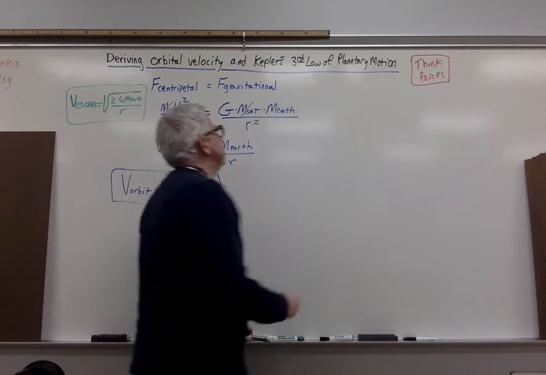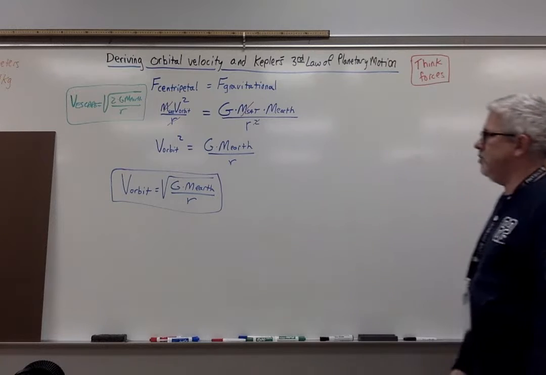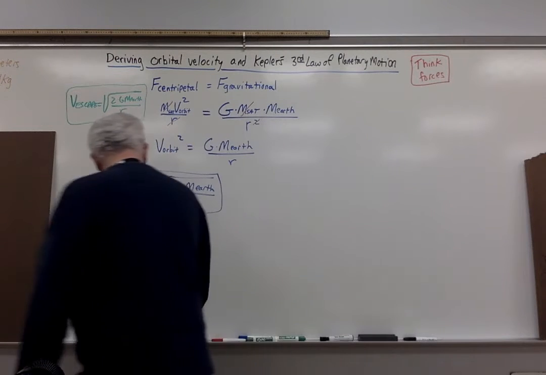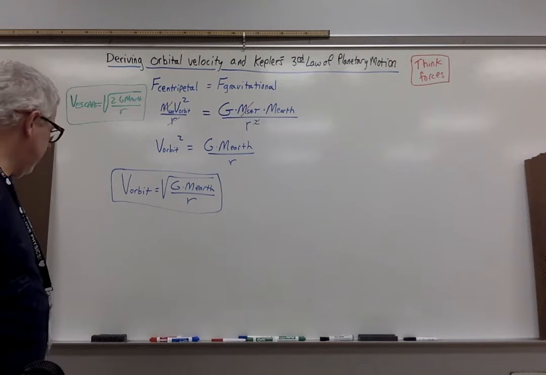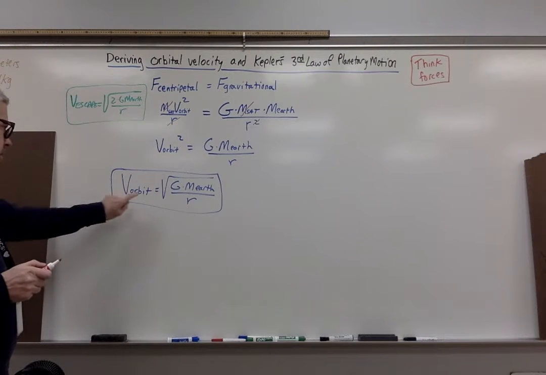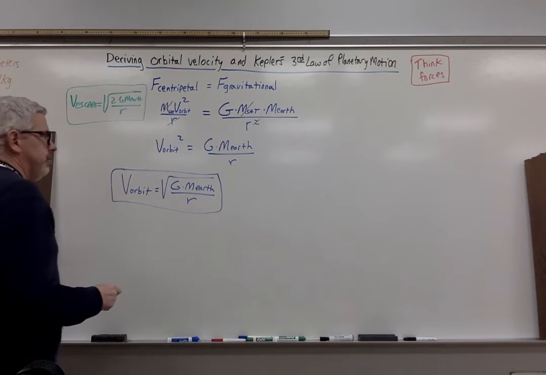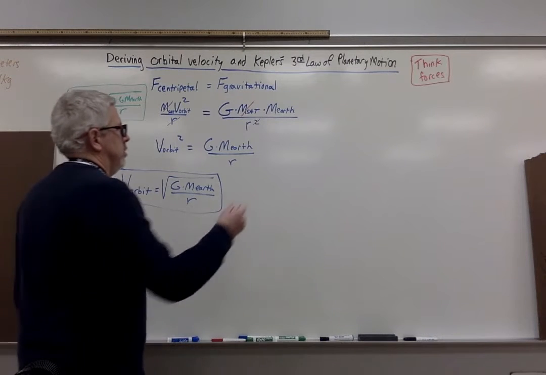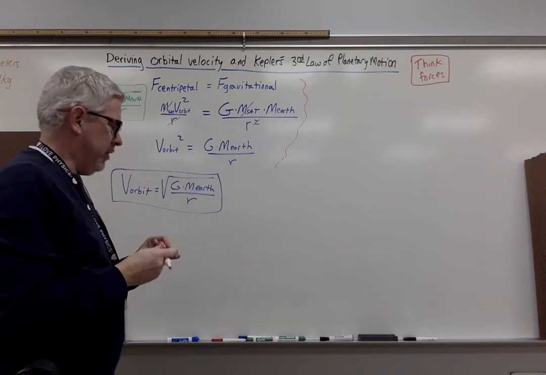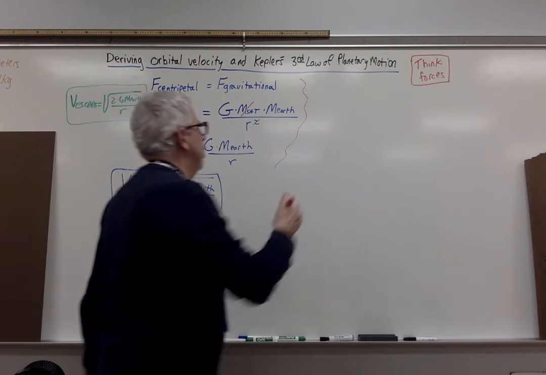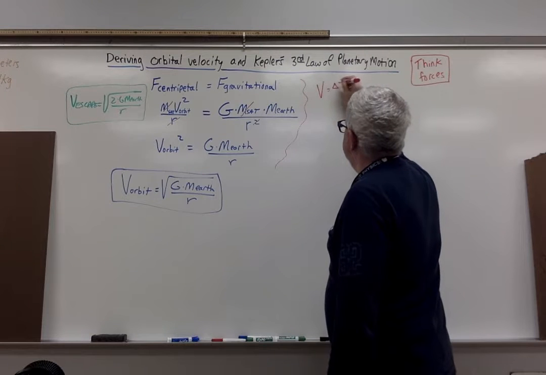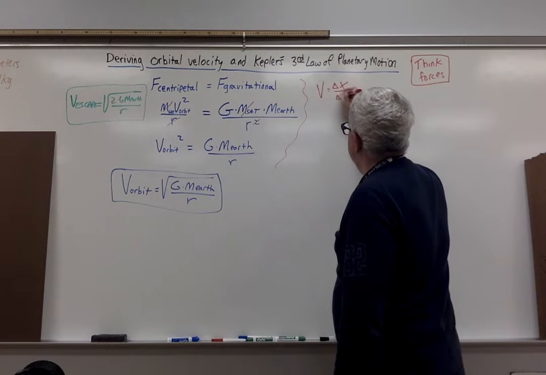Well, what about this Kepler's third law of planetary motion? Well, here's kind of how we think about that. I'm going to see if I can switch to a different color for dramatic effect. I might use red. We can also think about velocity in a more general way. So I could think of this as just velocity is equal to displacement over a time interval.